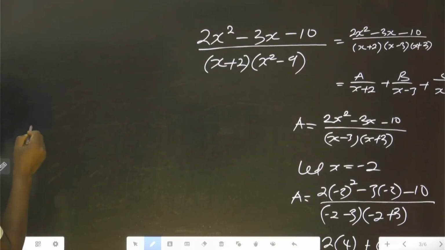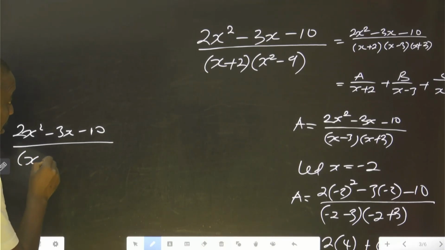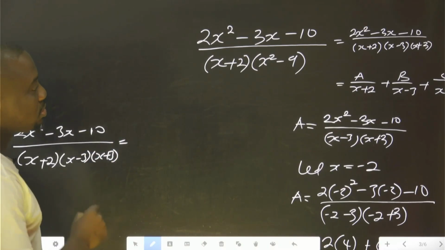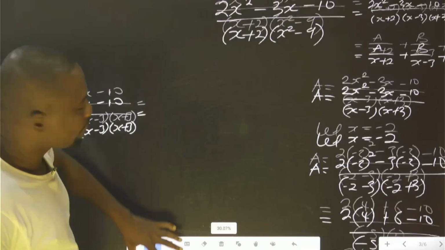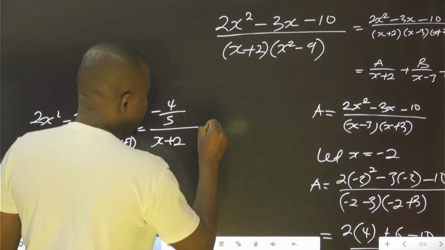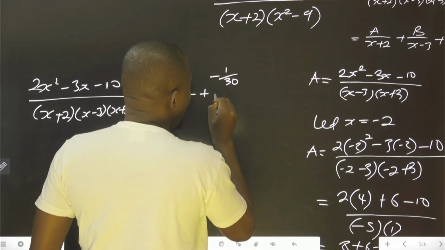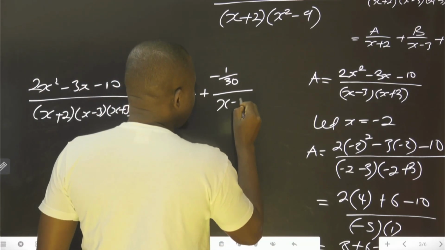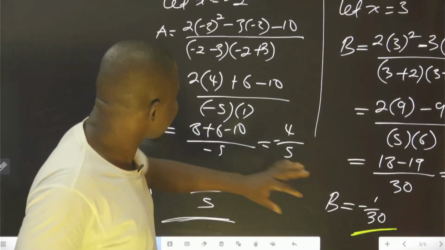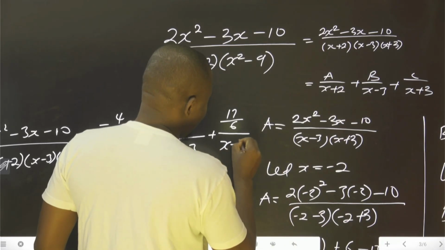So we come here to say this is actually 2s squared minus 3s minus 10 over s plus 2, s minus 3, s plus 3 equals the first one, minus 4 over 5 all over s plus 2, plus the second one, b, minus 1 over 30 all over s minus 3, plus the last one, c, is what? 17 over 6 all over s plus 3.